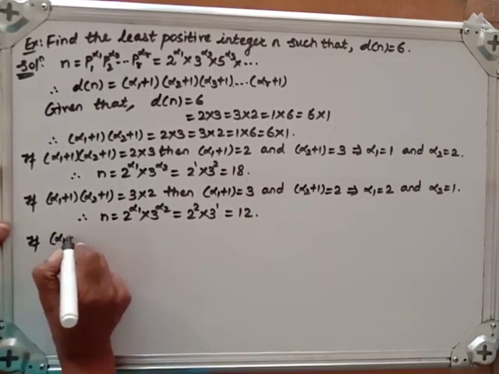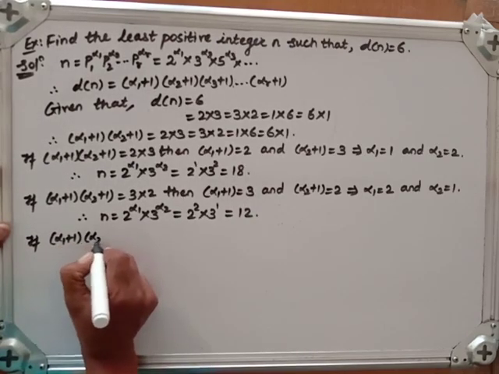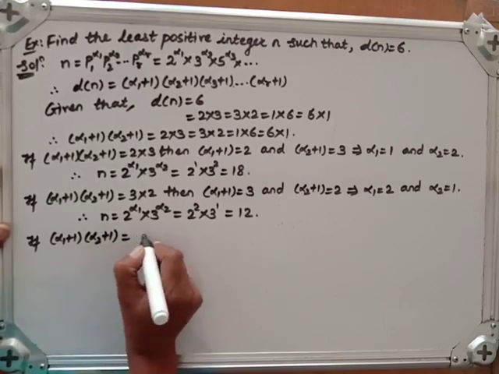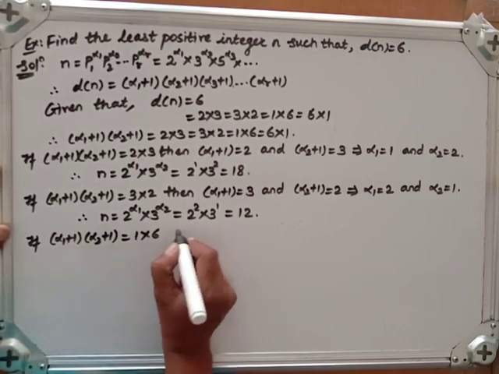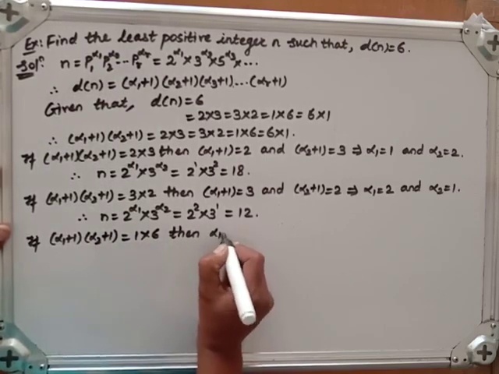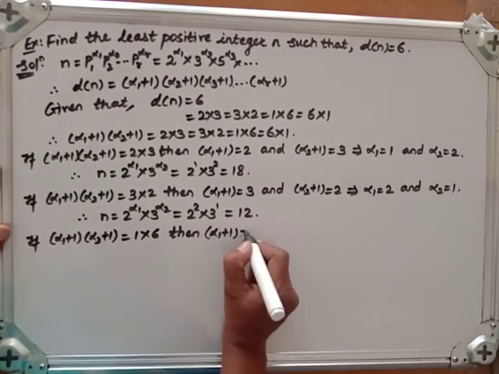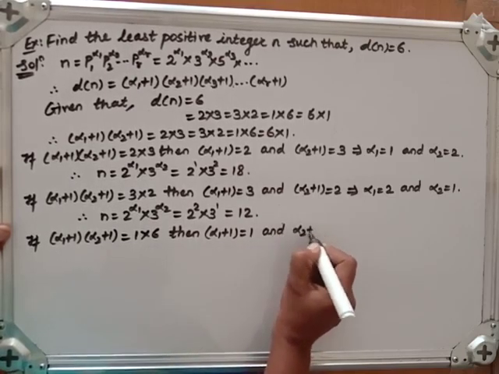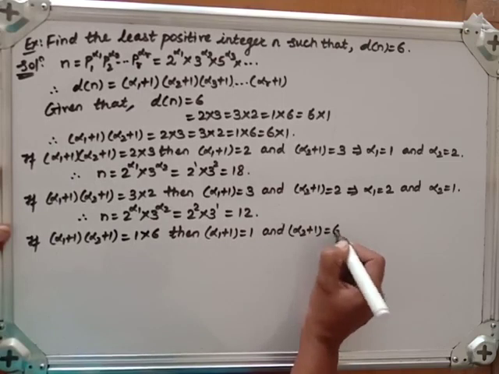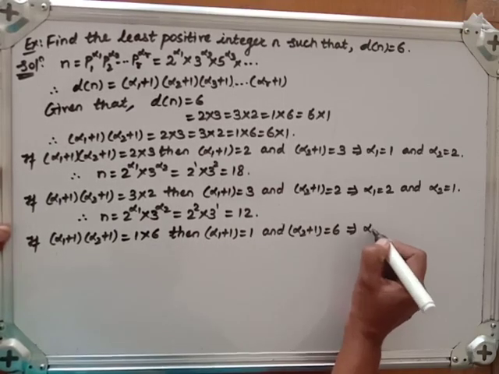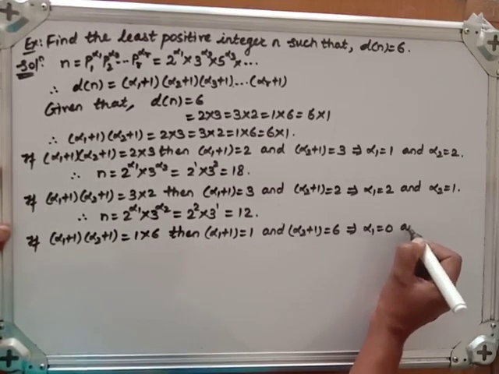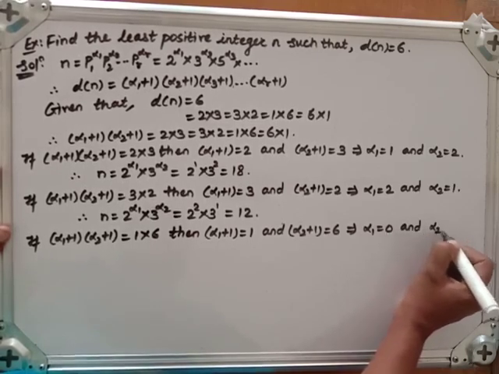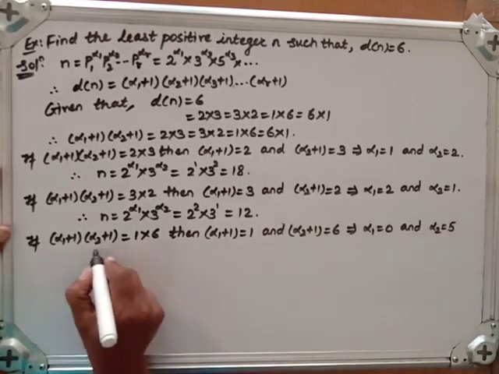Again the next one, if alpha 1 plus 1 into alpha 2 plus 1 is equal to 1 into 6, then alpha 1 plus 1 is equal to 1 and alpha 2 plus 1 is equal to 6. So this gives alpha 1 is equal to 0 and alpha 2 is equal to 5.